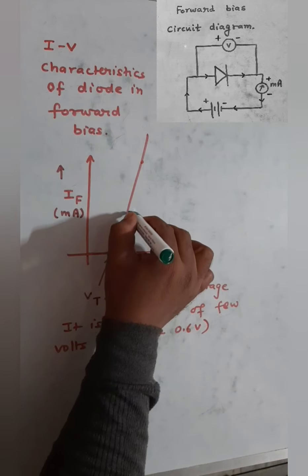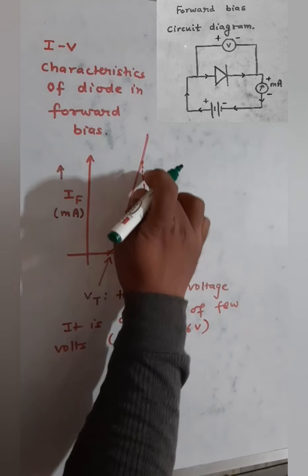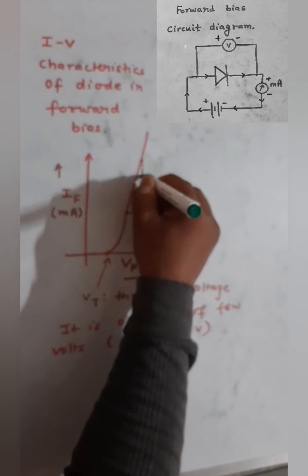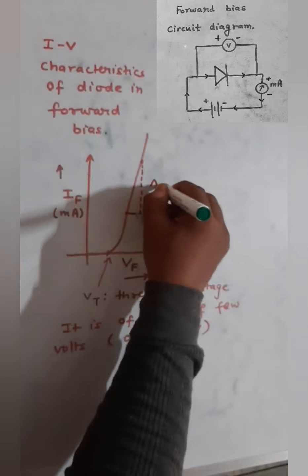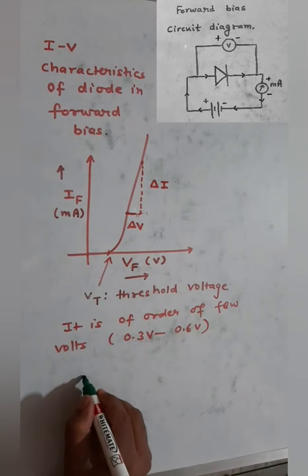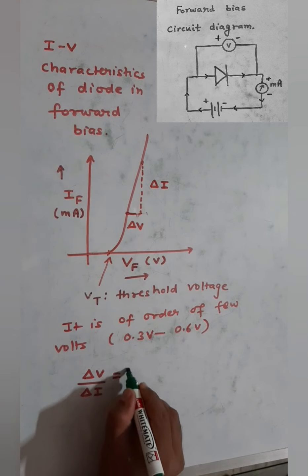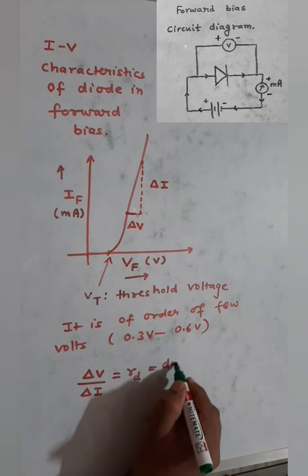Now if I take any two random points like this, you can see this is the change in current and this is the change in voltage.